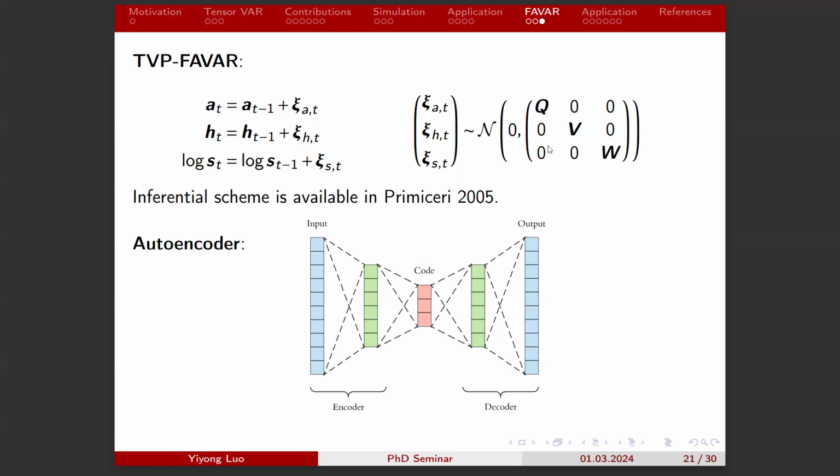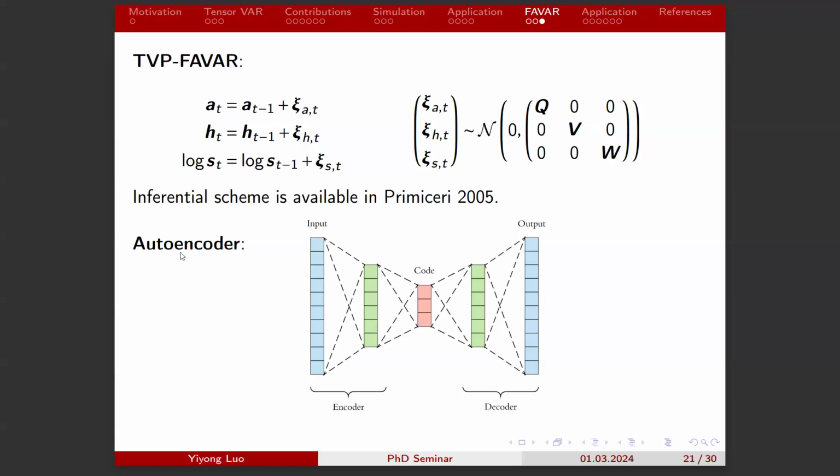Here is the covariance matrix, and we assume there's no correlation between, let's say, A_t and H_t, and so on. You can find the inferential scheme in Primiceri 2005, which is the paper about the TVP-VAR model, not FAVAR.